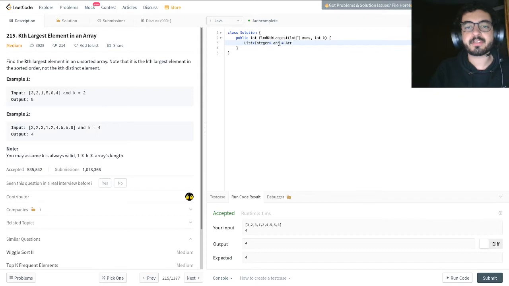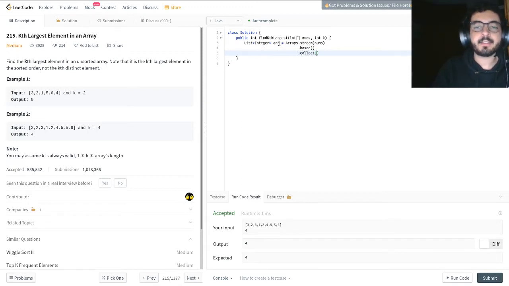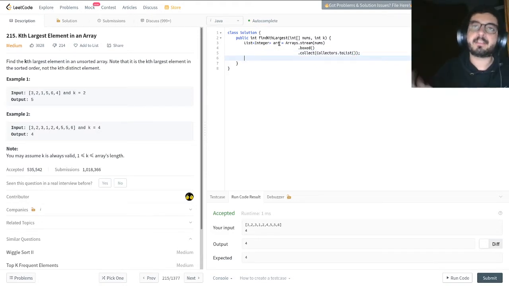So let's just say Arrays.stream(nums).boxed().collect(Collectors.toList()). What that basically does is get the int primitive types, box them into a stream of Integer, and collect that stream of Integer into a list of integers, which is basically what I need.